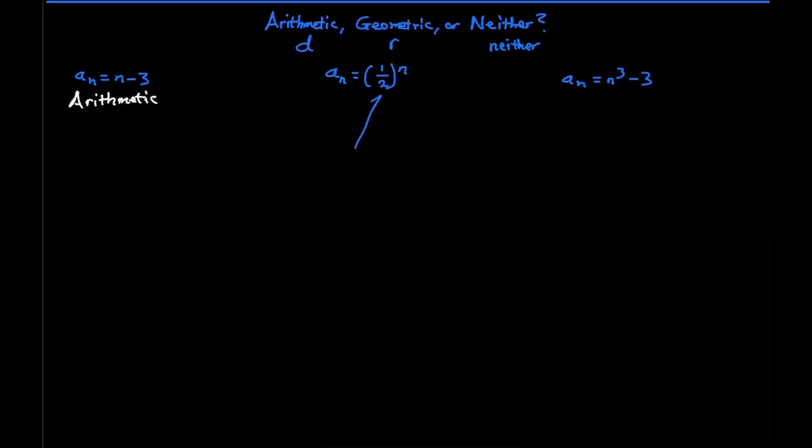Now here, this one, you can just go through the normal process. So first you find a1 using this formula. You leave the 1/2 the same, but for n, you put 1. And this would just be 1/2. So this is the first term. Then you go on to the second term. You just start over again.